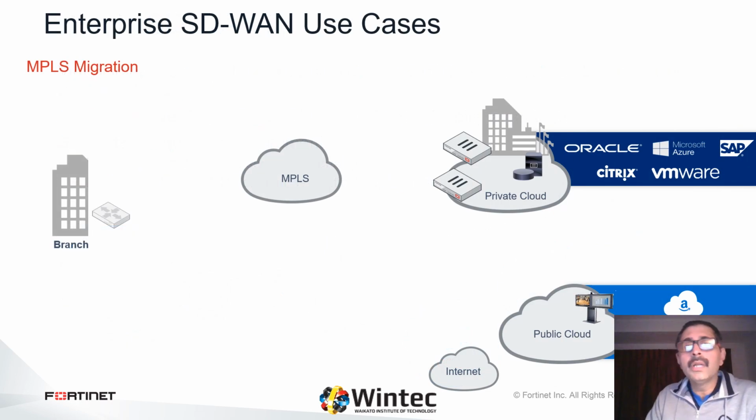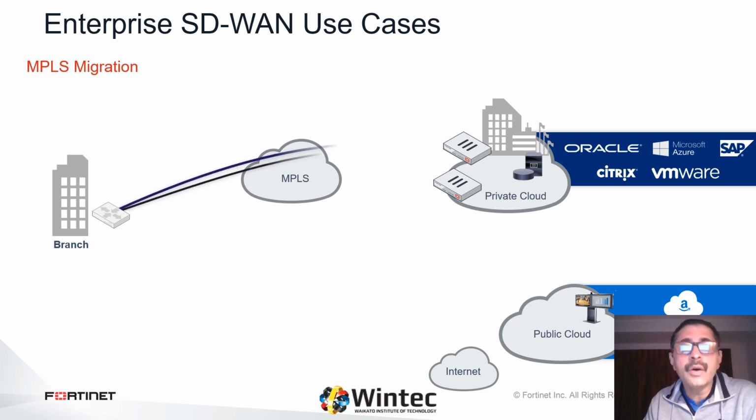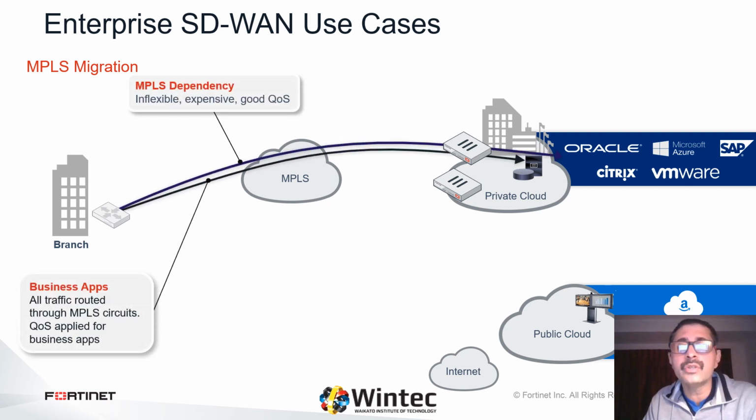Now you will learn about the SD-WAN use cases. In this example shown on the slide, the customer depends heavily on expensive, inflexible MPLS. Now all the traffic that is routed through the MPLS circuit to the provider cloud, then to the public cloud or internet, is based on the application.